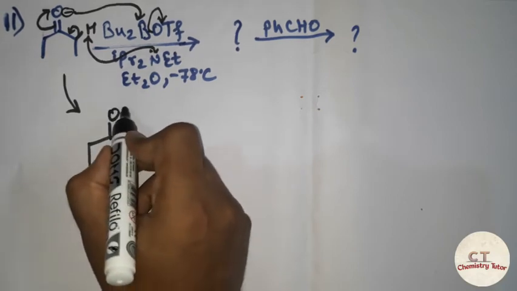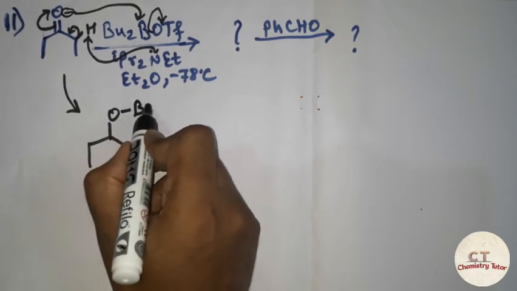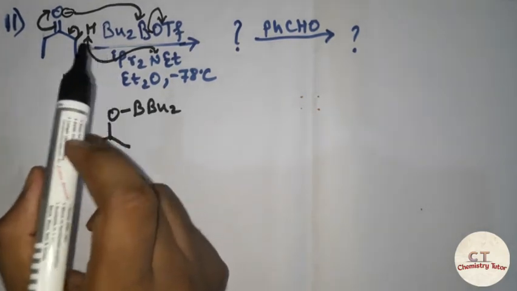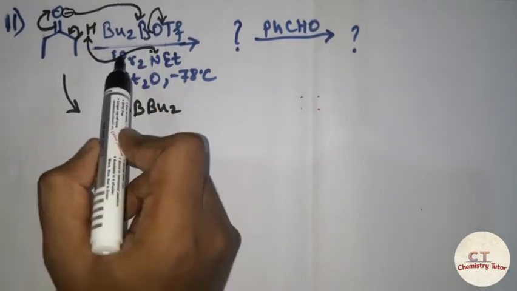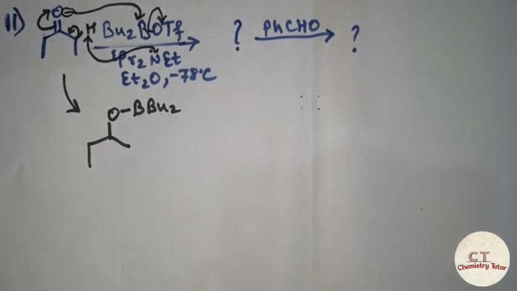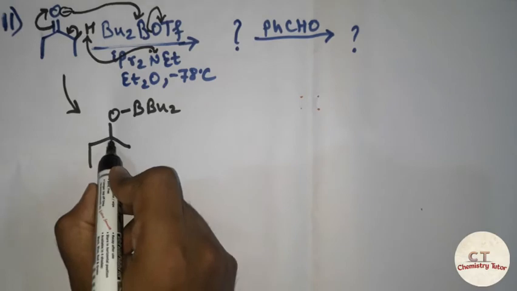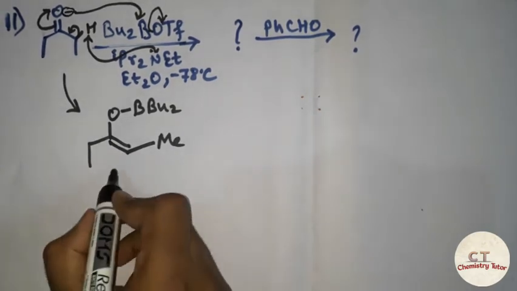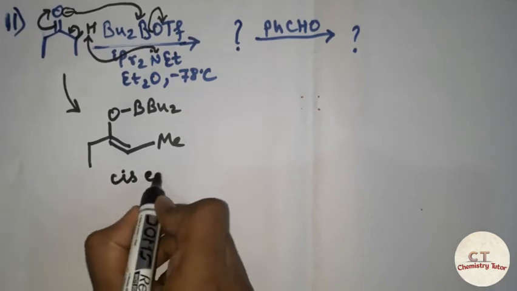First of all, OBBu2, okay. And just know one thing, that whenever there is a boron reagent, in most of the cases you will get a cis-enolate, okay. You are going to get a cis-enolate with most boron reagents. Cis-enolate.